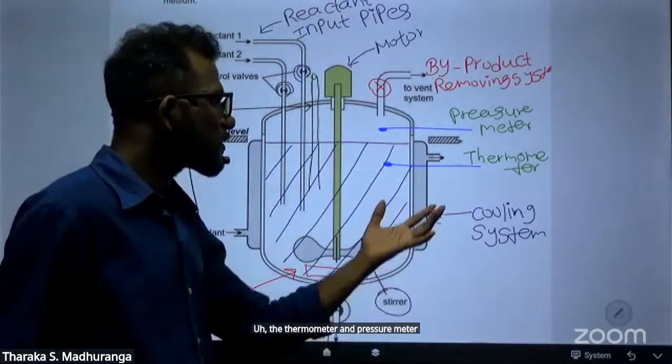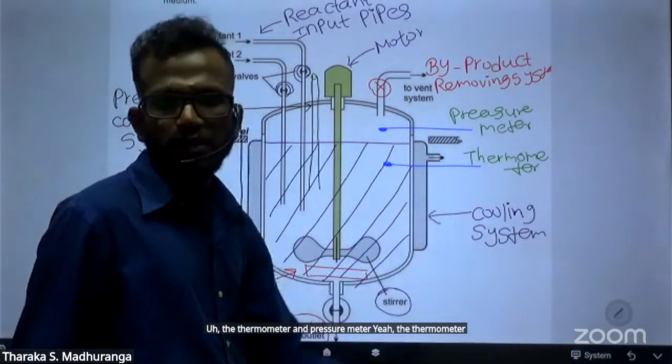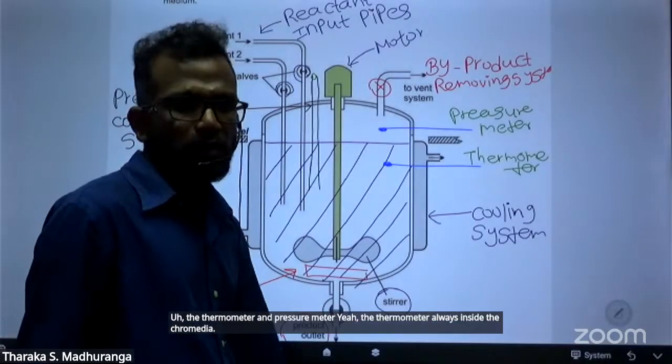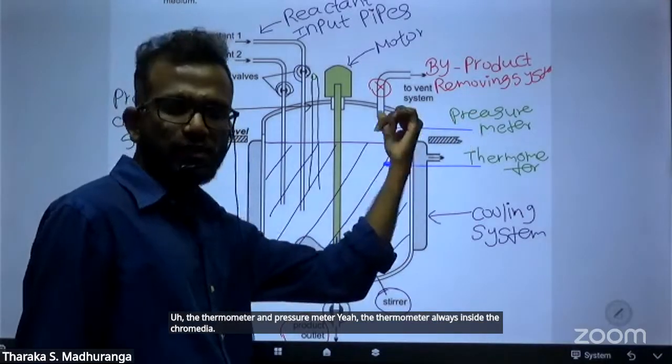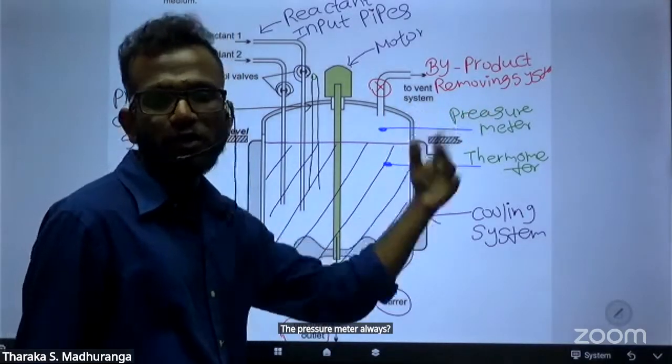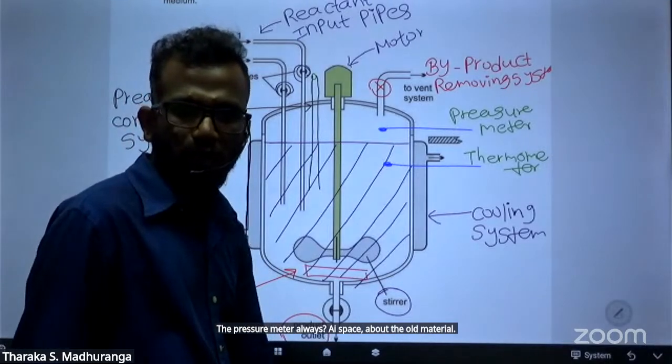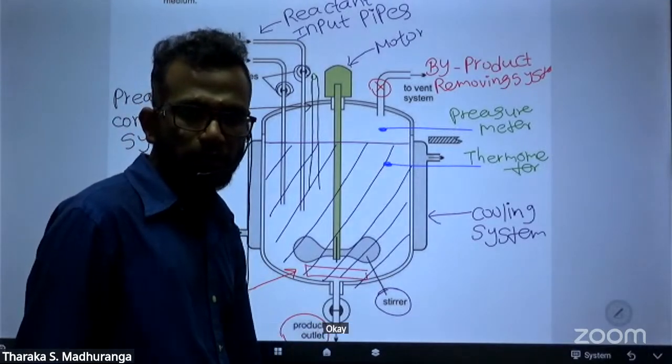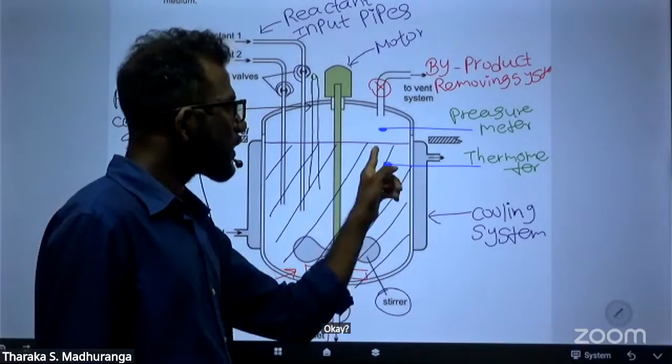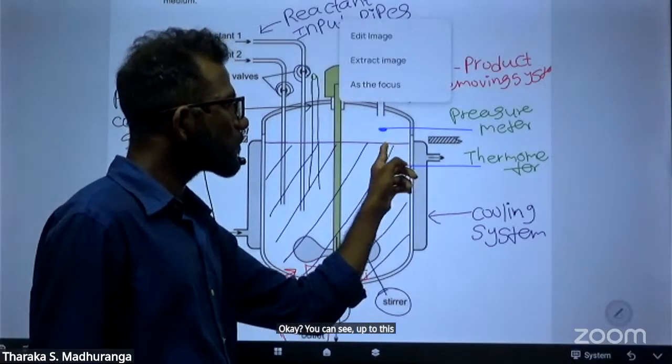The thermometer is always inside the raw material. The pressure meter is always in the airspace above the raw material. You can see the raw material up to this level.